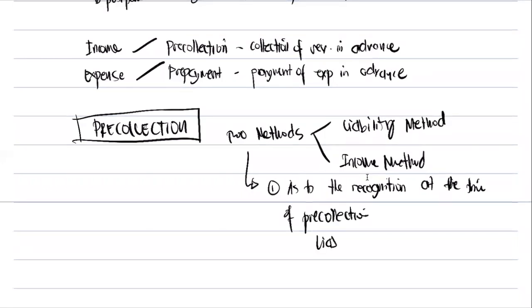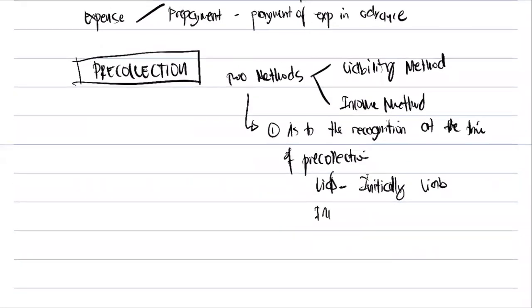If it's liability method, initially it is recorded as liability. If that is an income method, initially it is recorded as an income. Okay, so that's the first difference as to the recognition at the time of pre-collection. The second difference is as to the adjusting entry.